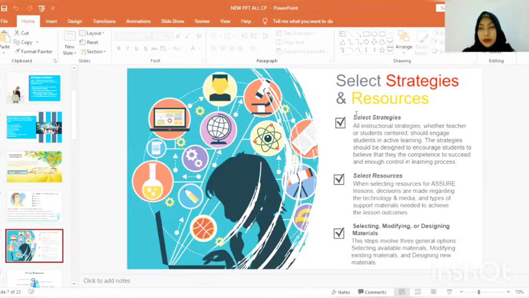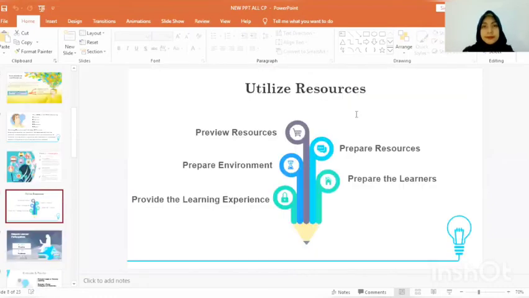When selecting resources for your lesson, decisions are made regarding the technology and media and types of support materials needed to achieve the lesson outcomes. And the last is selecting, modifying, or designing materials. These steps involve three general options. The first is selecting available materials, then modifying existing materials, and the last is designing new materials.